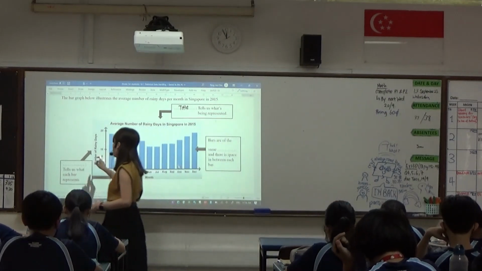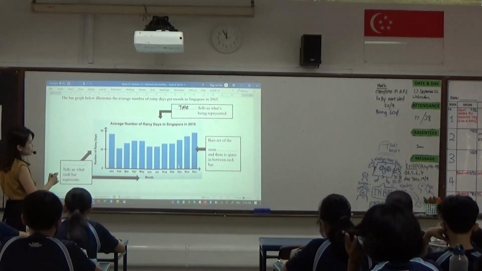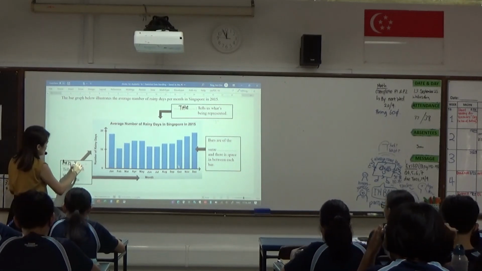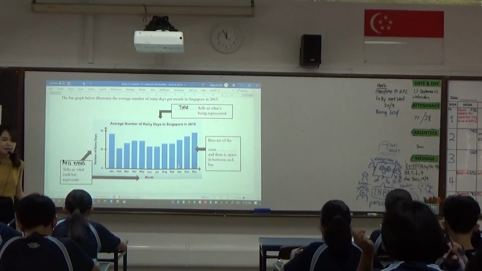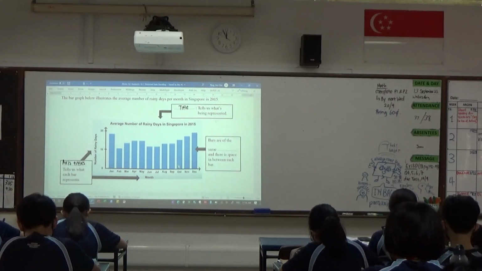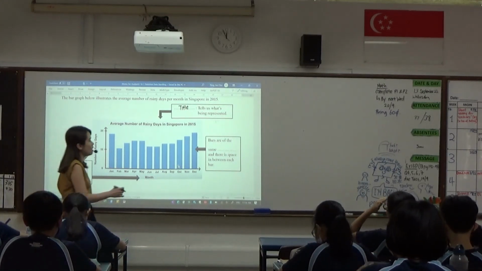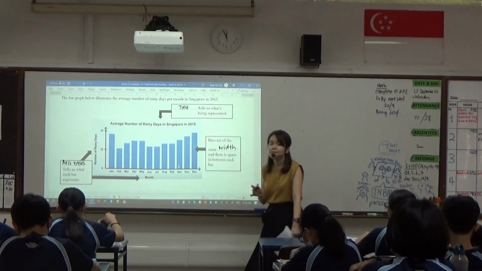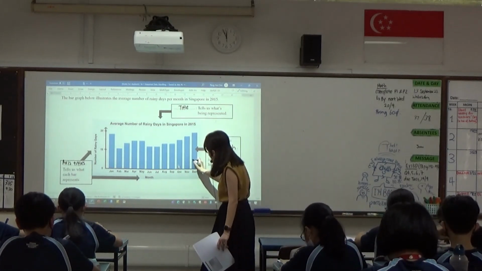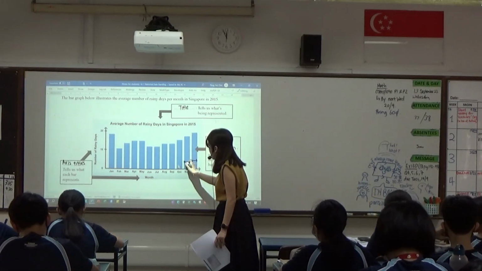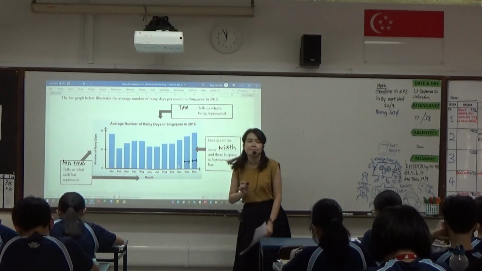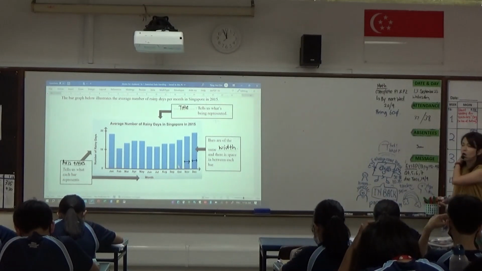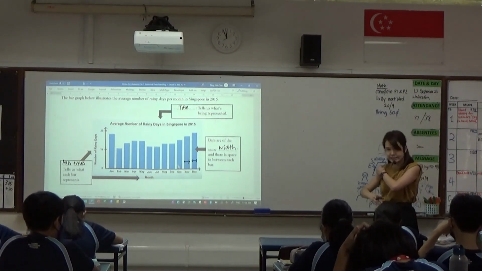And then your axis over here tells you what each bar represents, the axis titles. And then the bars are of the same width. That means that the size over here is always the same. It cannot be one fat, one skinny. It must be all the same fatness or the same skinniness.